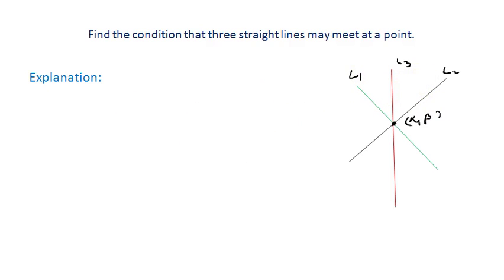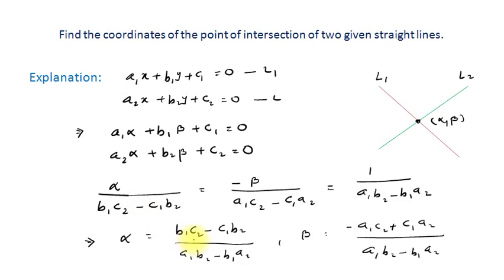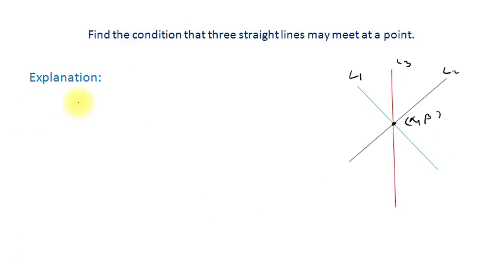So see here, we already discussed that if L1 and L2 are the two lines, then their point of intersection, here in this slide, is B1 C2 minus B2 C1, divided by A1 B2 minus A2 B1.